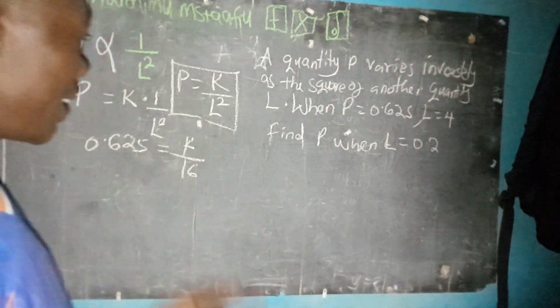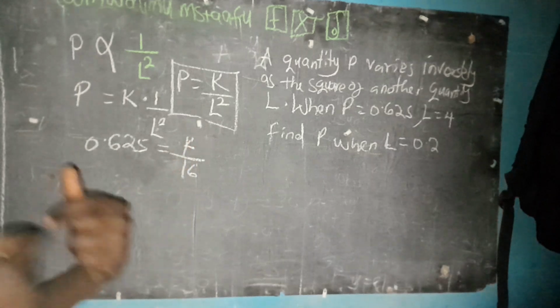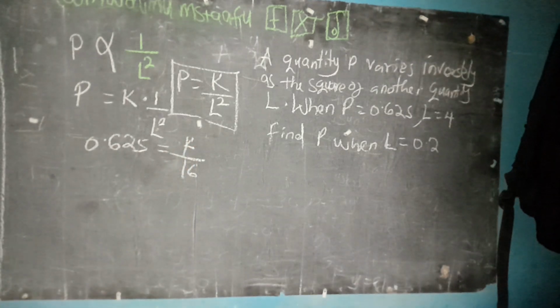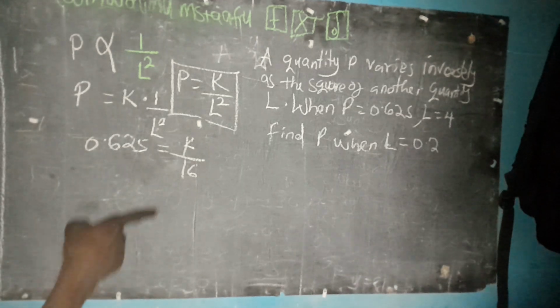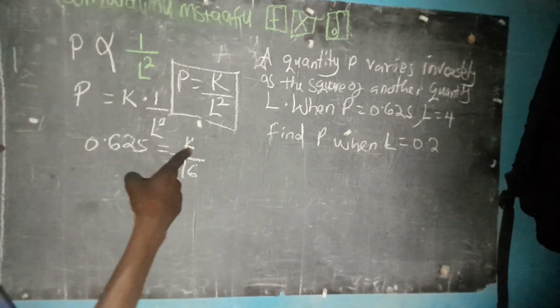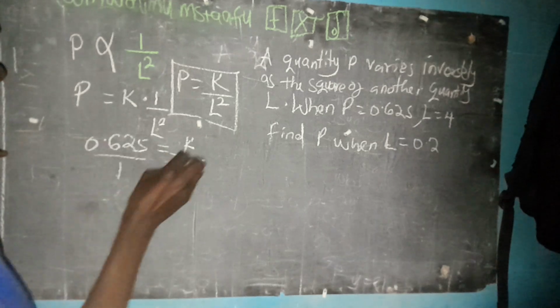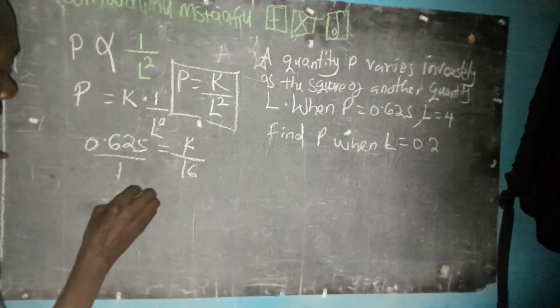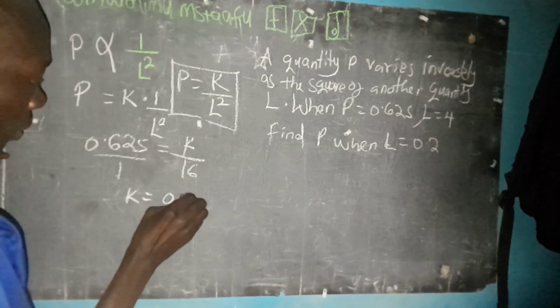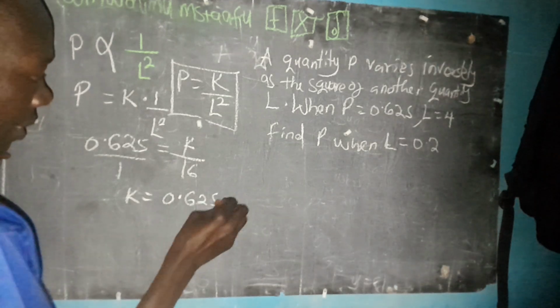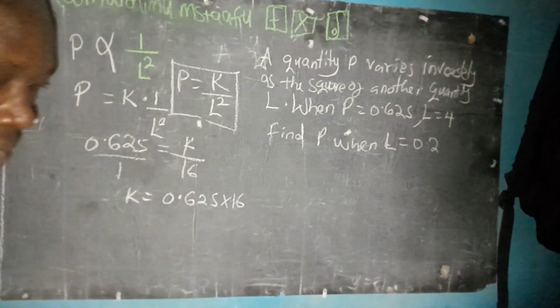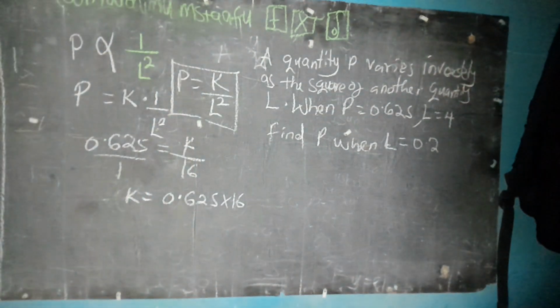I'm trying to find the value of k, that constant for the variation. I'll just cross multiply because k is just over 1. So k is equal to 0.625 times 16. This will give me the value of k.